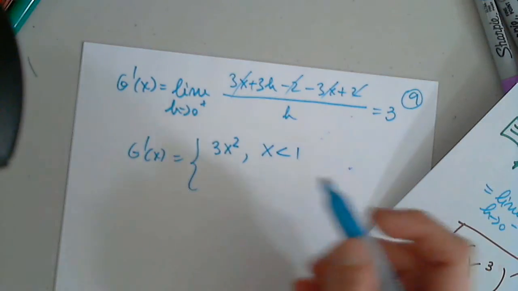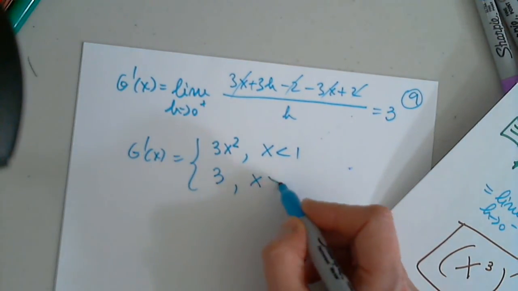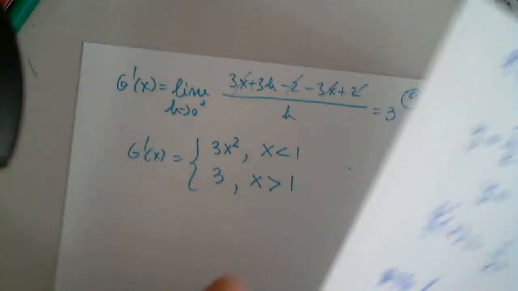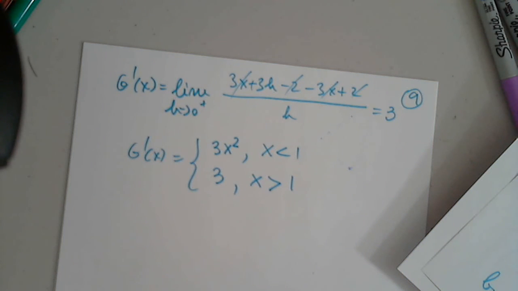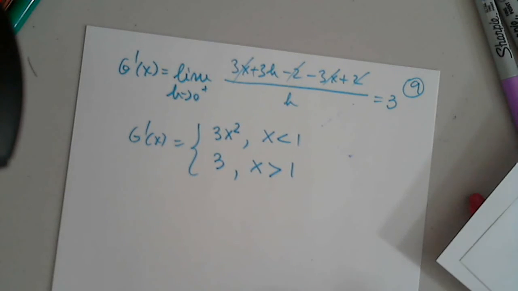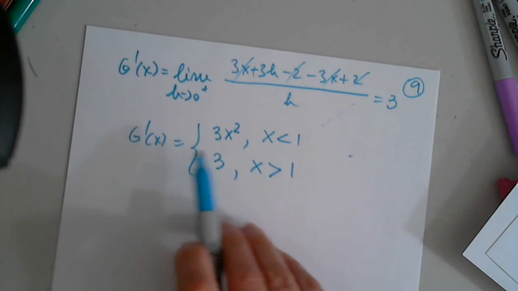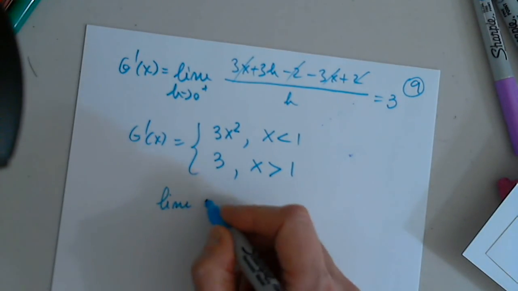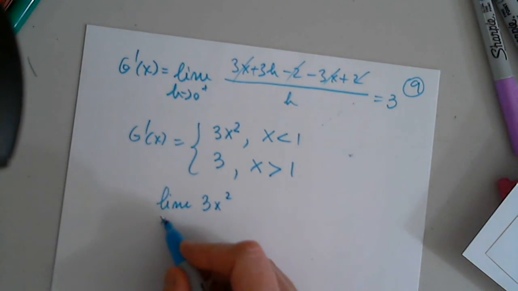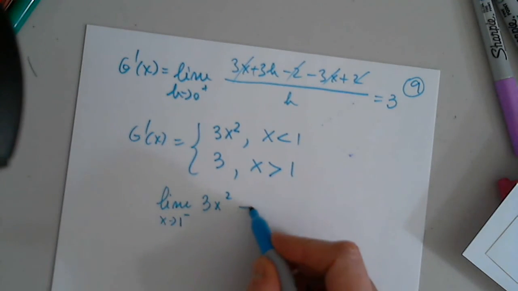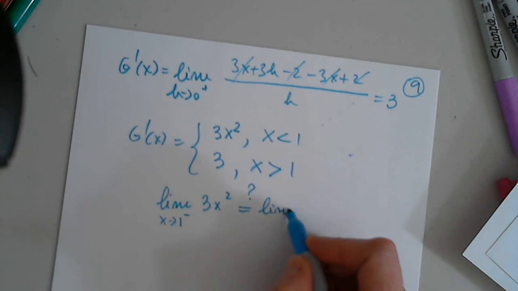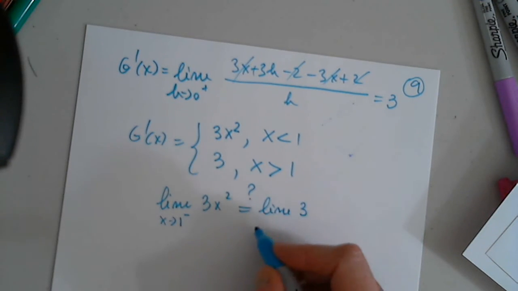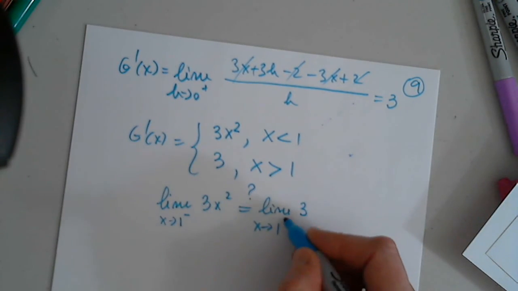Do not copy the equal symbol. And we got that this is 3 for x greater than 1. I will put the equal symbol if the function is differentiable. What do you think? Is the limit of 3x squared as x approaches 1 from the left the same as the limit of 3 as x approaches 1 from the right?